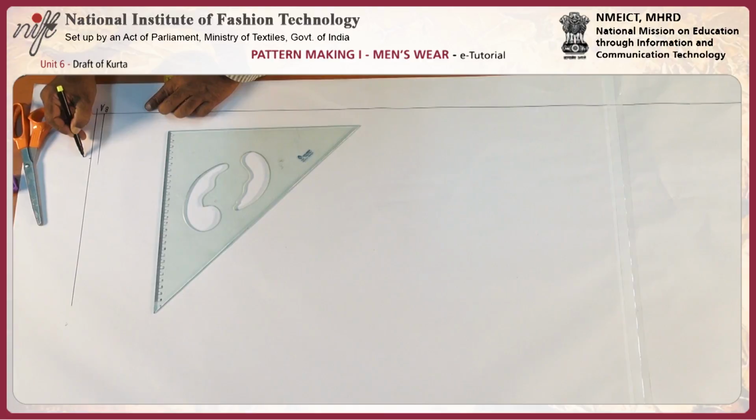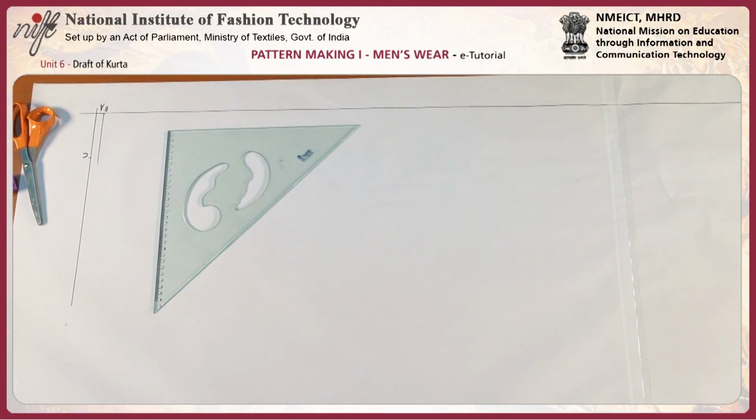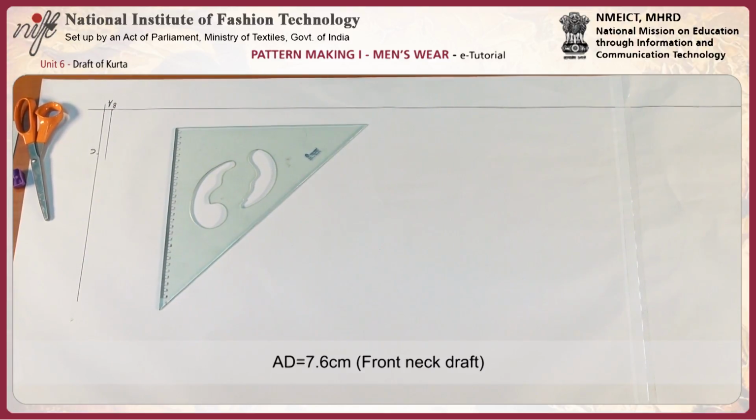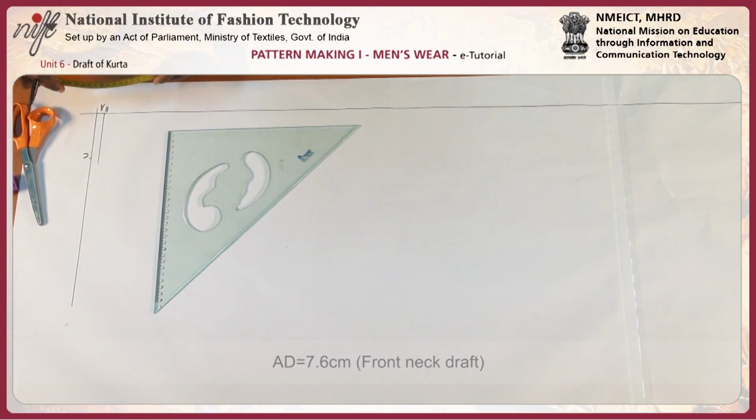This is point C. A to D is a front neck drop, 7.6.